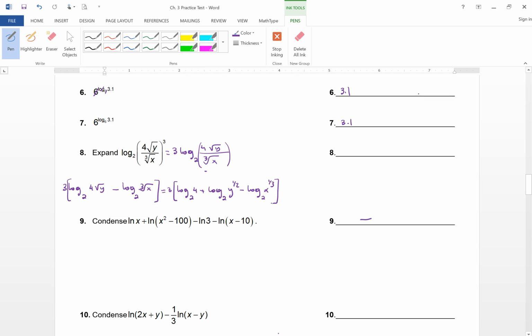Okay? And you can continue some more, because what's log base 2 of 4? Log base 2, 2 squared, plus half log base 2 of y minus a third log base 2 of x.